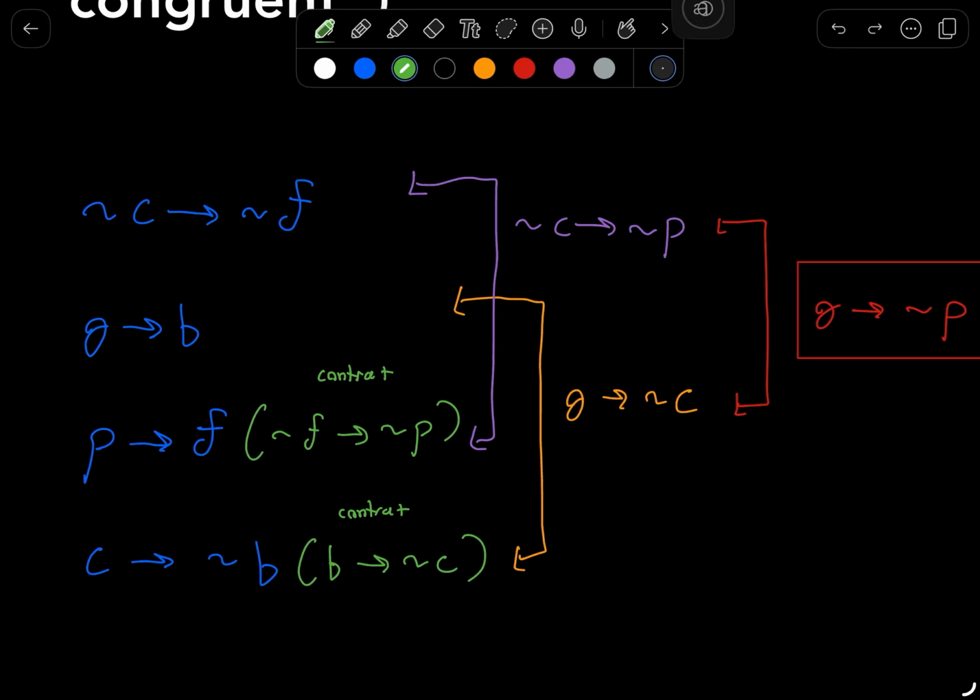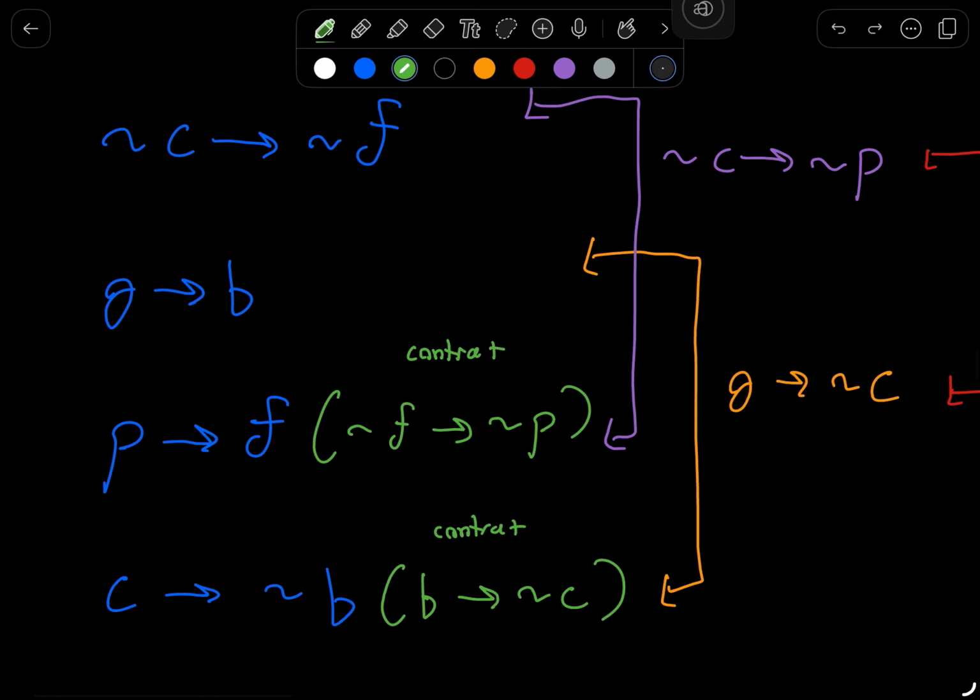Okay, I'm hoping that you have at least tried this yourself. But when I look at this first, the first thing I did was switch the latter two given conditional statements to contrapositive. So I changed P to F and made it into a contrapositive statement.